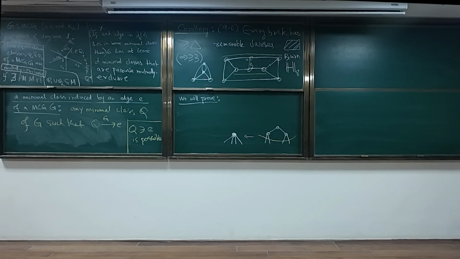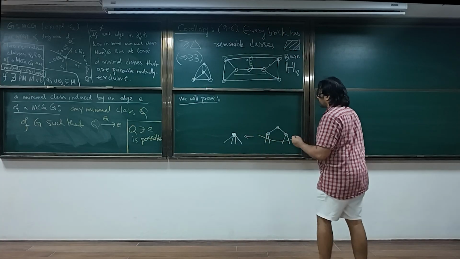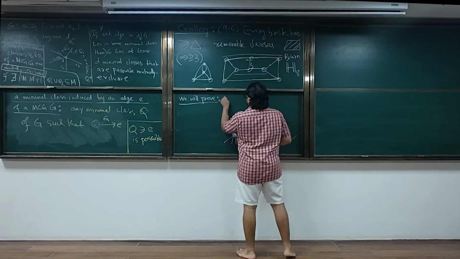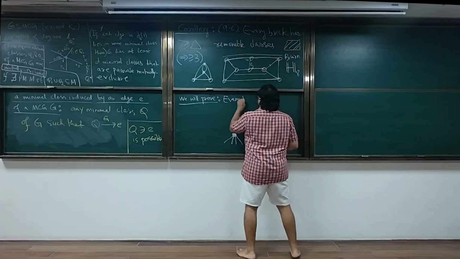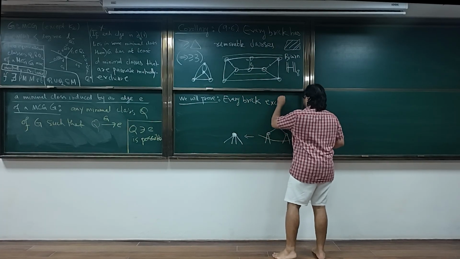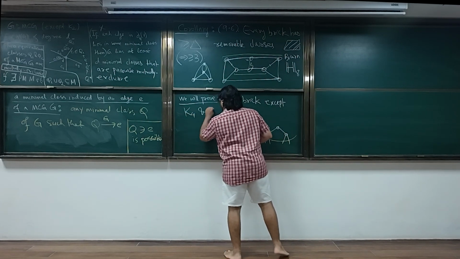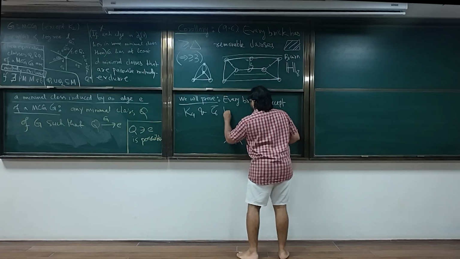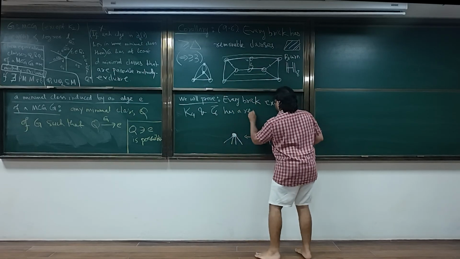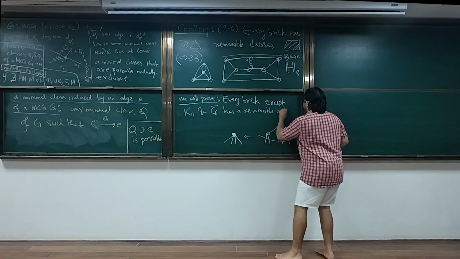So therefore there are 3 removable doubletons. And the middle 3 edges are actually not removable. The triangle edges actually depend on them. Yeah. So this is what we'll prove. Every brick except K4 and prism has a removable edge.